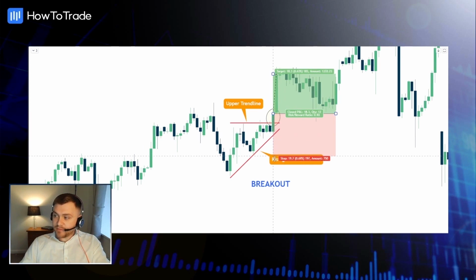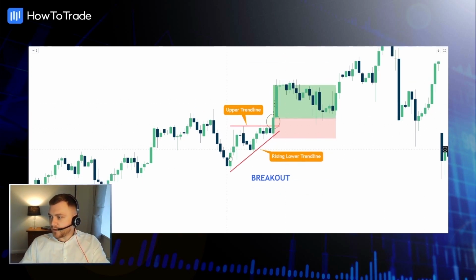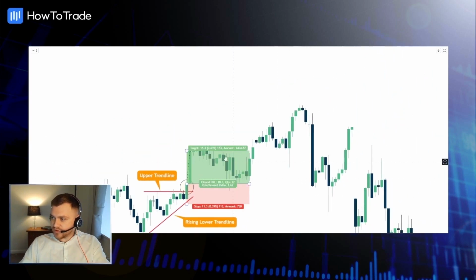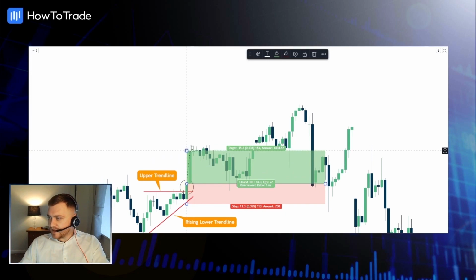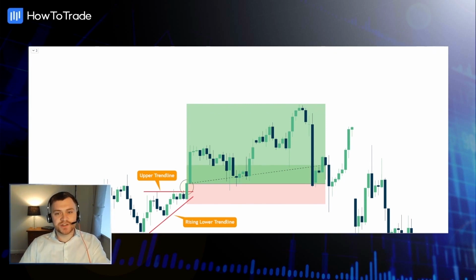You can do it at any point along these lows. Let's say, for example, we did it just below this rising lower trend line of this triangle pattern, and you can actually see that we created new highs here, and we achieved a really nice 3.92 risk reward trade, and that's how you can use that breakout trading strategy in the ascending triangle formation.